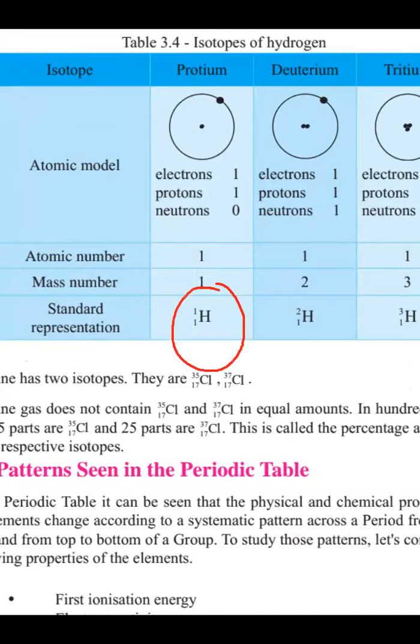Hydrogen 2 1. Hydrogen 3 1. So the above number is the mass number. The below number is the atomic number. So if you are given the symbols and the standard representation, you should be able to write the number of electrons, number of protons, number of neutrons.